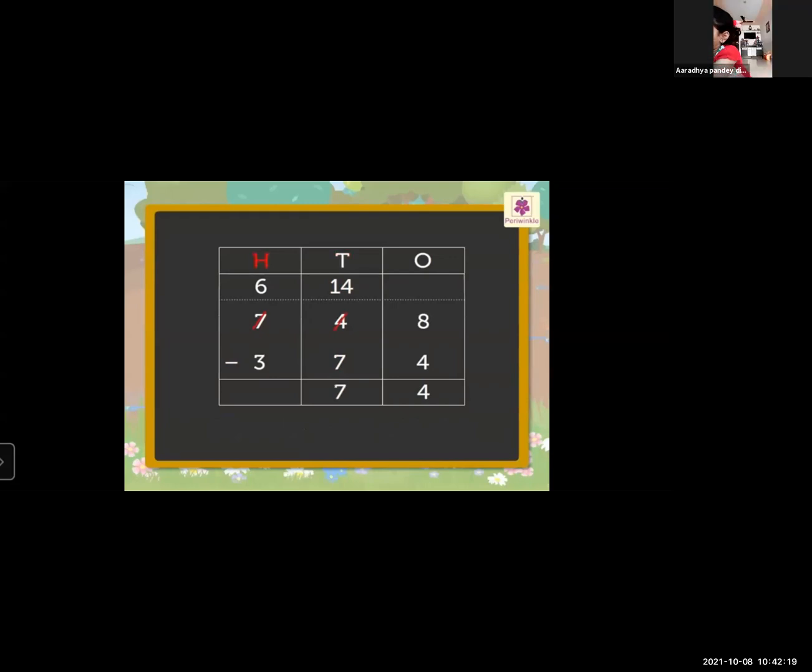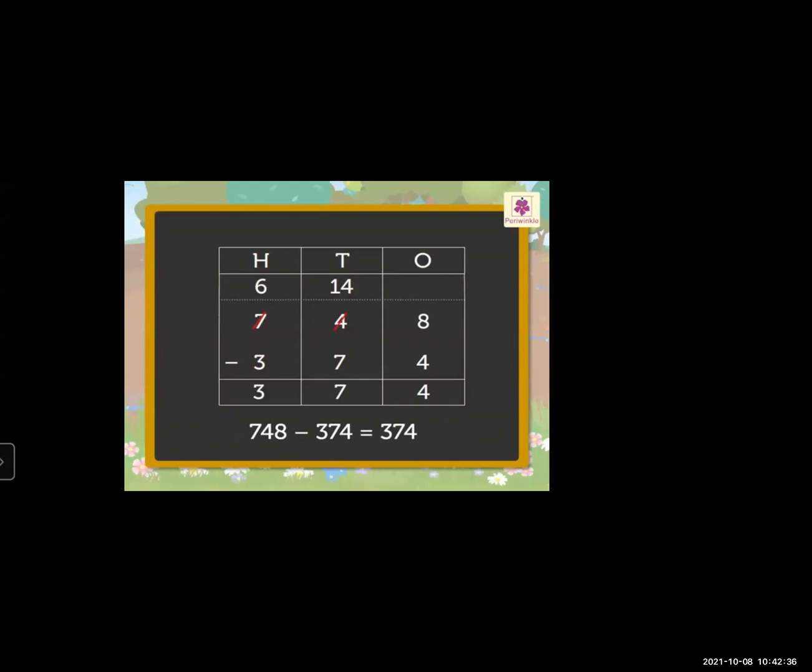Subtract the hundreds. That is, 6 minus 3 is equal to 3. Thus, 748 minus 374 is equal to 374. Hence, there are 374 more blue dragonflies than the orange ones.